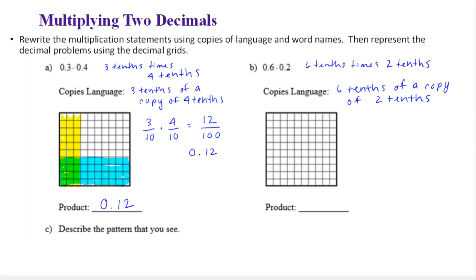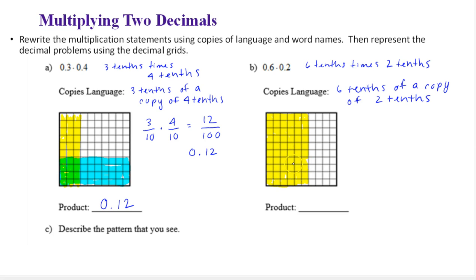Okay, so I'm going to make 6/10 in this direction. And since it's multiplication, we can find 6/10 of a copy of 2/10 or 2/10 of a copy of 6/10. Either direction works.